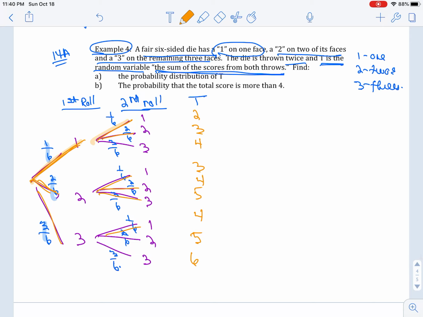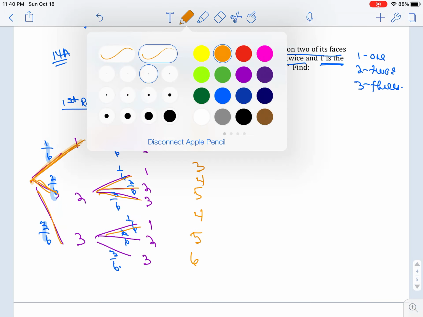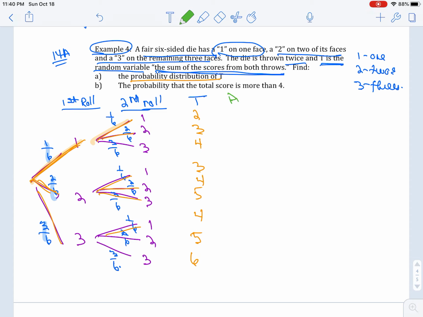If we need to make a probability distribution for this, we need the probabilities that all of those are going to happen. So we're just going to do probabilities here. That comes from multiplying. We've got 1/6 times 1/6, or 1/6 squared. The next one, we have 1/6 times 2/6. The next one, 1/6 times 3/6. For the 3, 2/6 times 1/6.